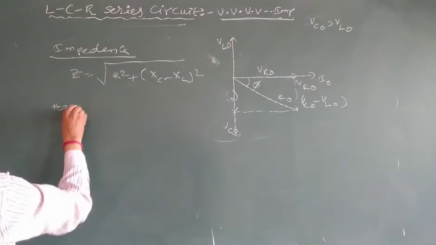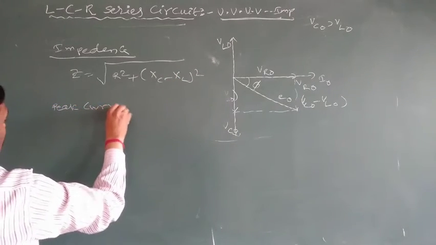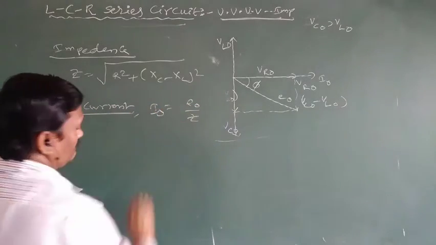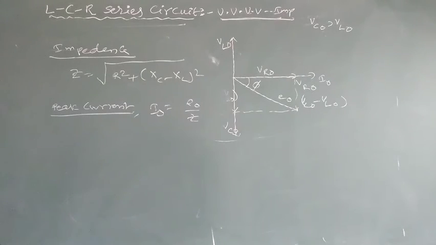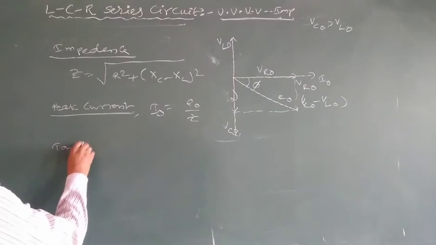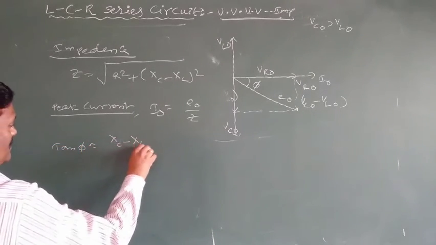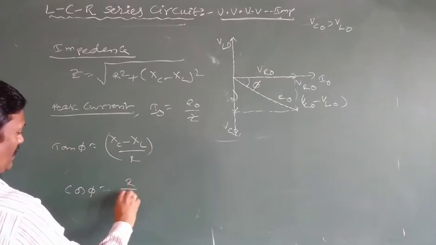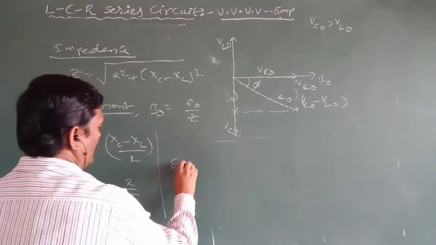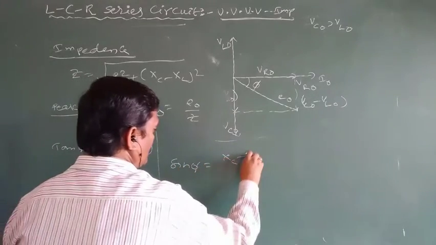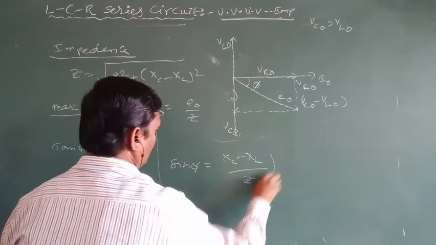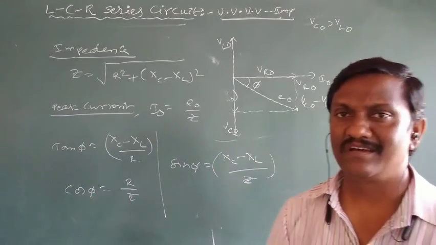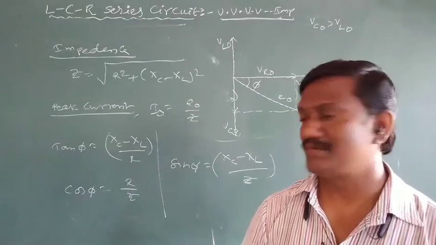The peak current I naught is E naught by Z. For the phase, tan phi is (XC minus XL) by R, cos phi is R by Z, and sin phi is (XC minus XL) by Z. These are the conclusions for the LCR series circuit. The entire concept is mainly based on these diagrams.